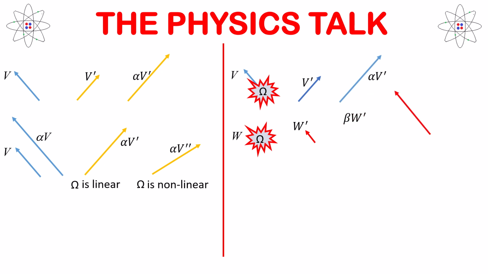Now as an alternate way, take the same vectors v and w again. Now multiply them first with the scalars alpha and beta, then operate them with the operator omega.